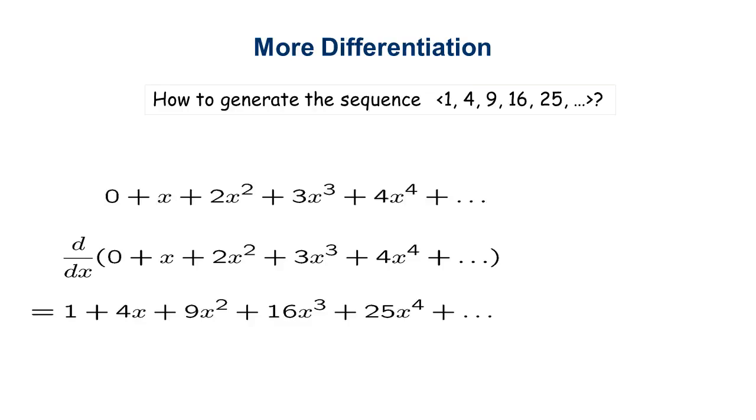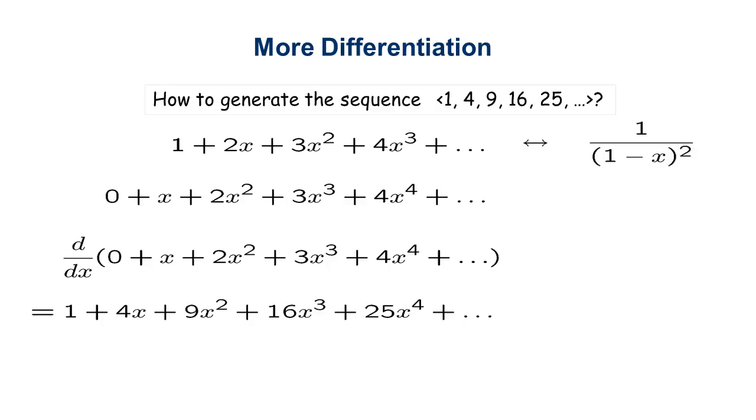Now the series which is differentiated is 0 plus x plus 2x square plus 3x cube plus 4x to the power 4 and so on, and this series is derived from 1 plus 2x plus 3x square plus 4x cube. Ultimately, this series is 1 divided by 1 minus x whole square.